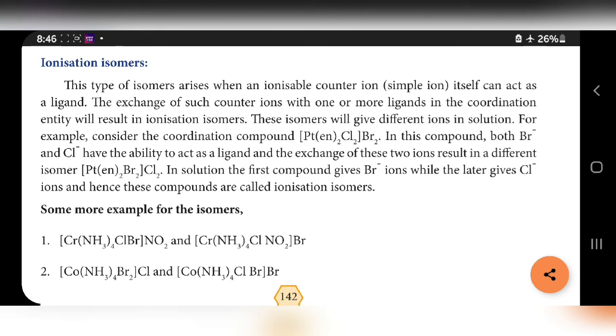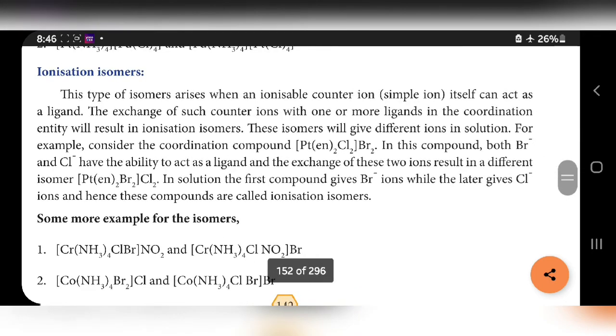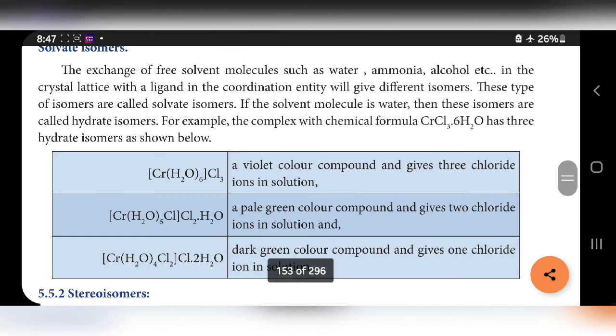In this compound both Br minus and Cl minus can act as ligands, and the exchange of these two ions results in different isomers. The first compound gives Br minus, while the latter gives Cl minus. Both produce different ions in solution, so this is called ionization isomers.